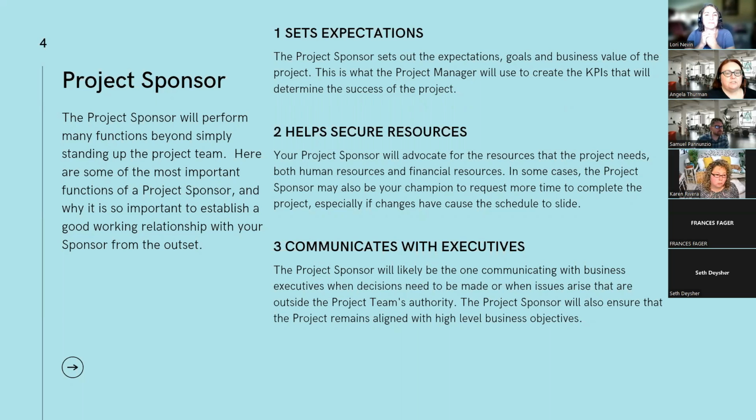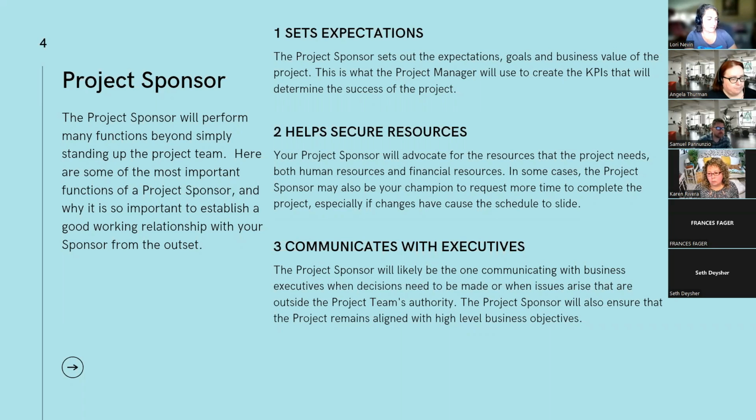So your project sponsor is going to set expectations. They are going to establish what the goals and the business value of the project is. So the project sponsor is going to work with the project manager to create the key performance indicators that will be used to determine the success of the project.